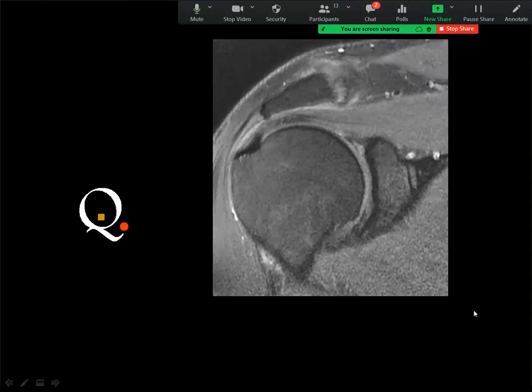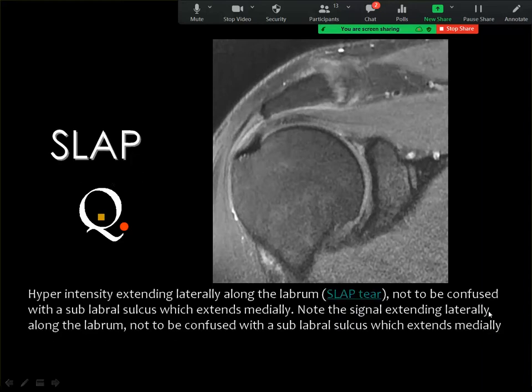Then the second case. Adhesive capsulitis. Okay. Yes, this is a SLAP injury because if you look carefully at the superior labrum, you see an abnormal bright signal in the superior labrum, and this bright signal means that there is a SLAP injury.